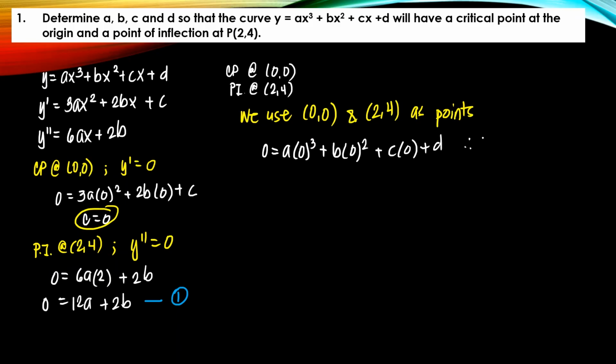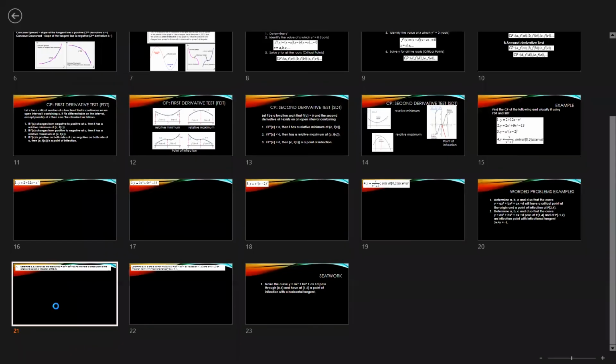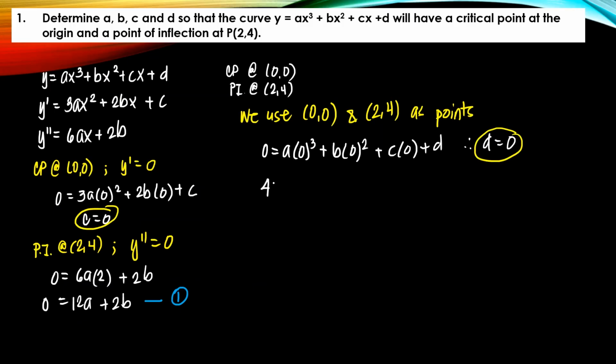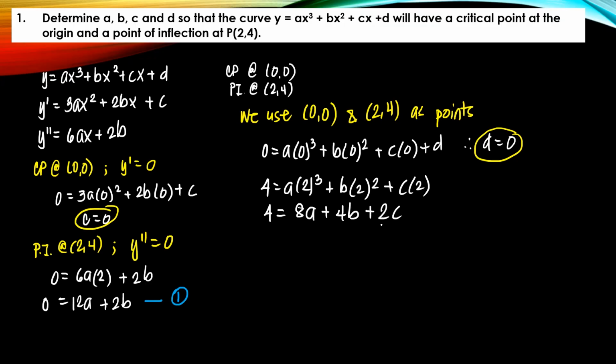So that means d is equal to 0. That's also solved. Now, 4 is equal to a(2 cubed) plus b(2 squared) plus c(2). So let's expound. That's 8a plus 4b plus 2c.